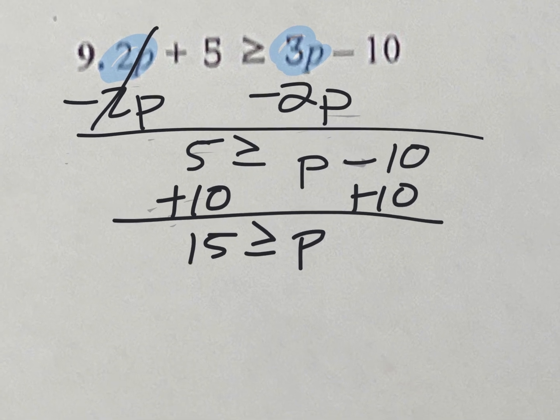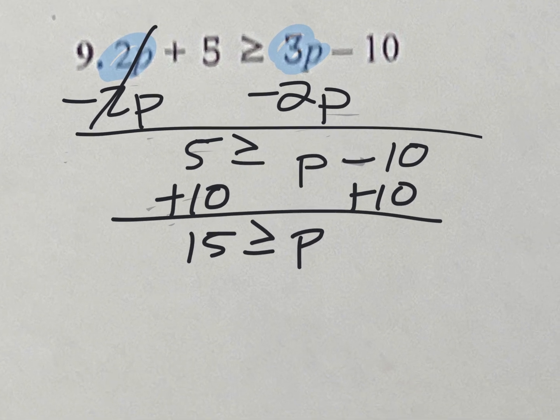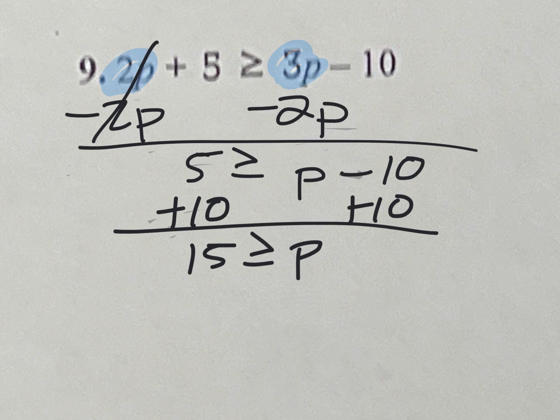There are several multiple choice questions on the quiz. So get used to putting the variable first, even though it technically doesn't matter, because that's how it's going to be on the quiz. So when you look for a multiple choice answer, don't look for that. The inequality is kind of flipped around, but the sign did not get flipped, okay?